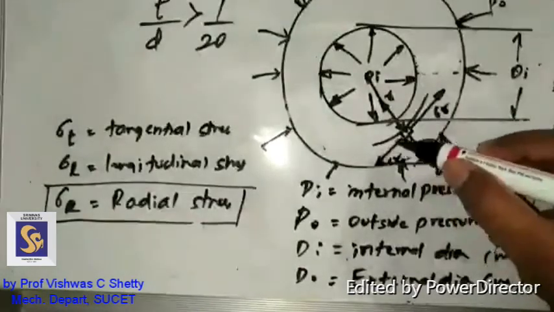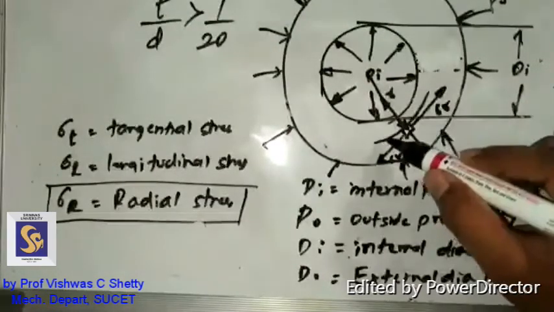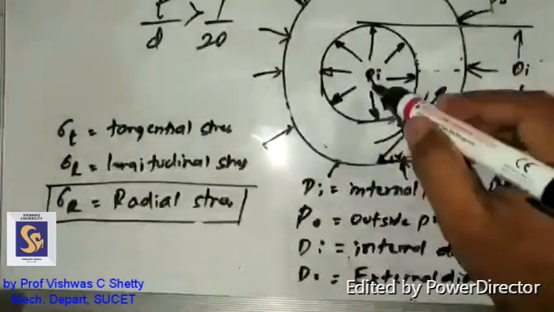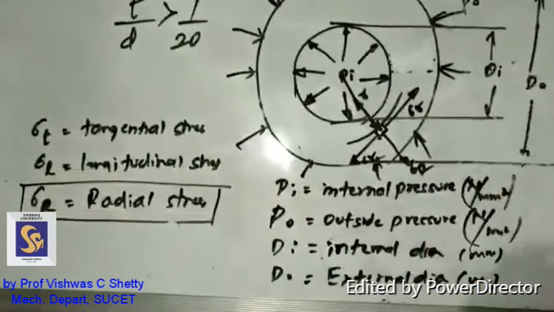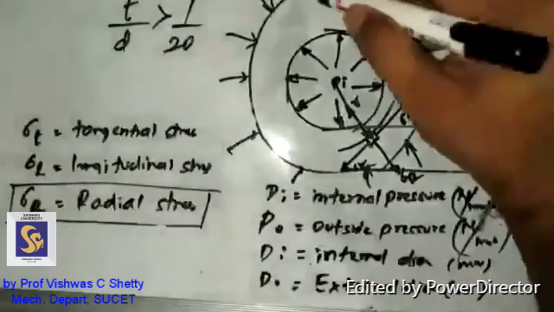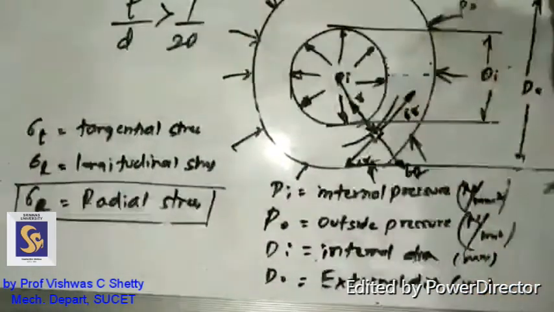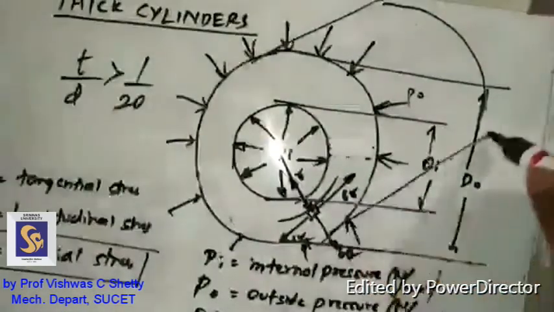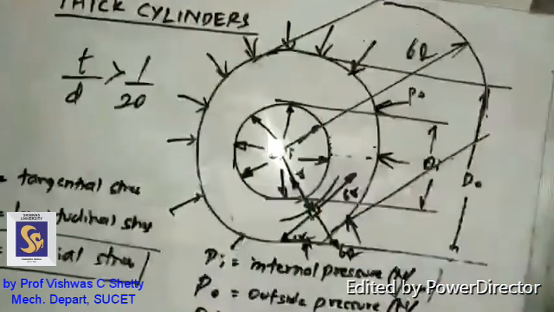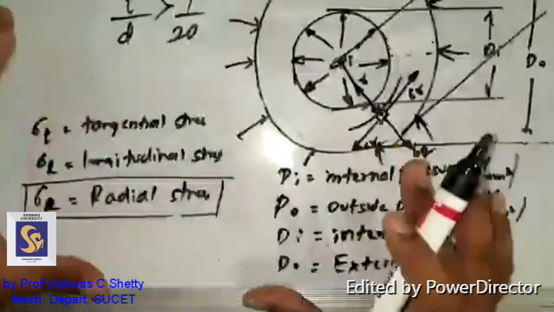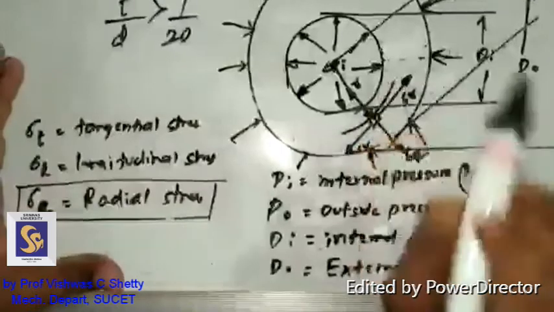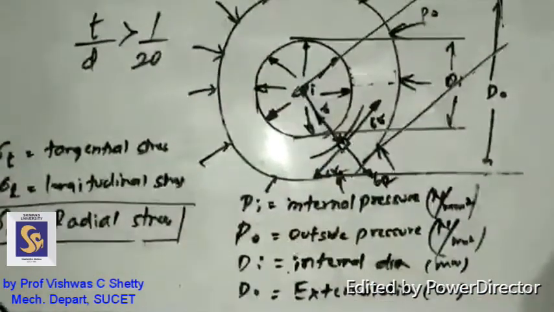The tangential stress is at a tangent drawn to a radius of a circle with center at point O, perpendicular to the radial stress. Along the length of the cylinder, along the axis, there will be the longitudinal stress. So we have to see the stresses in all three directions and analyze the stress variation in this cylinder. That will continue in the next class.